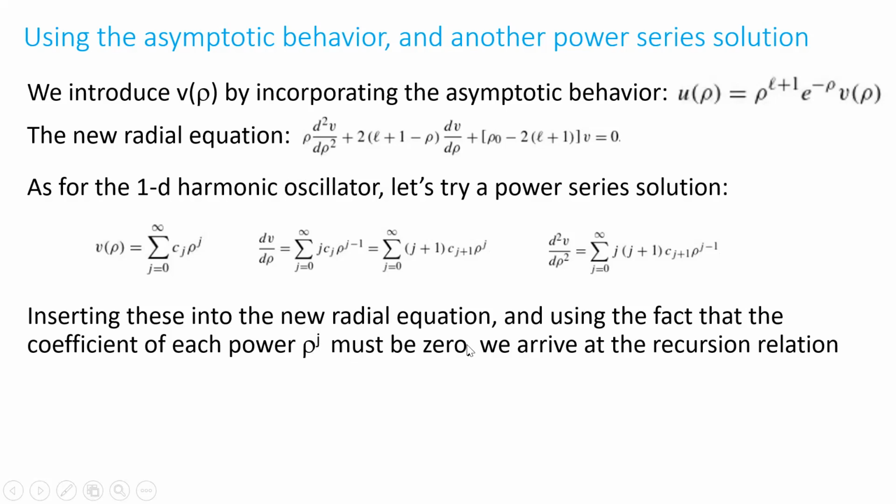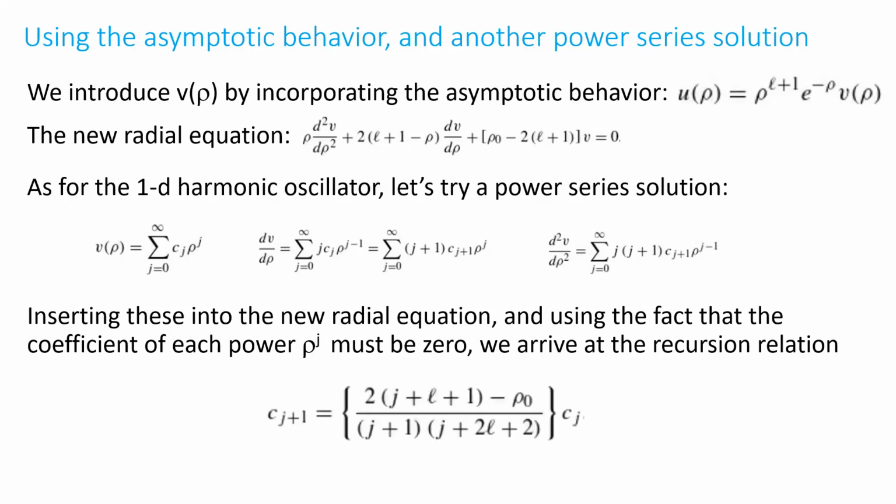Okay, and when we set all those equal to 0, we get a recursion relation, which relates the coefficient c_j to the coefficient c_(j+1). You can see that c_j and c_(j+1) are the ones involved for a given j, so we get the same recursion relation for all j.